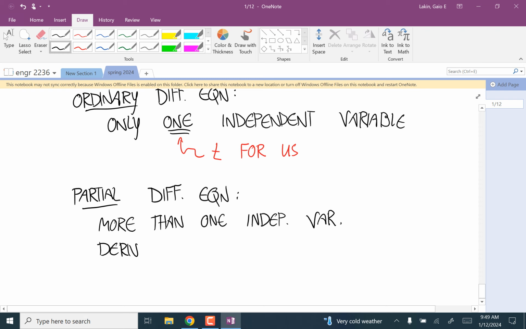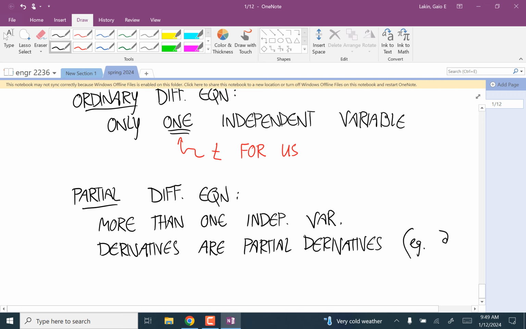How many of you have seen partial derivatives in a math class? Half. So partial derivatives are like, for example, the curly derivative looking things like df, dx. If you ever see those curly d's in the derivatives, those are partial derivatives. But we're not doing these in this class.